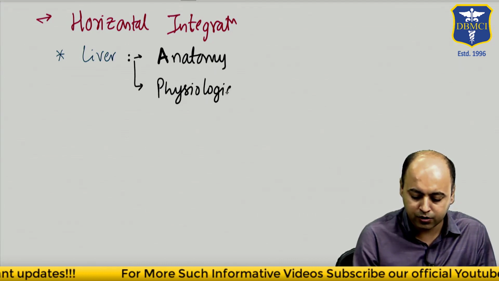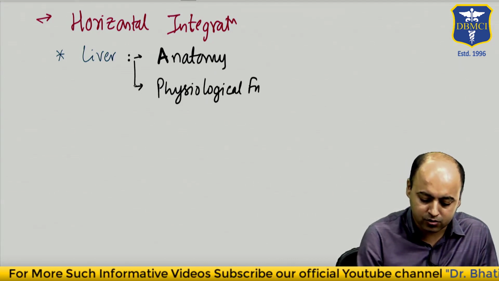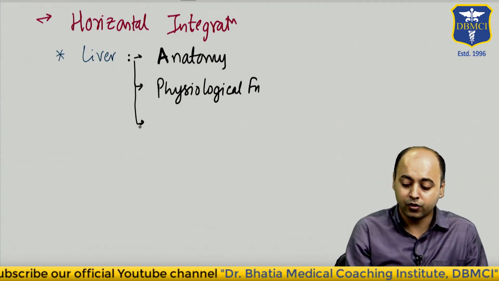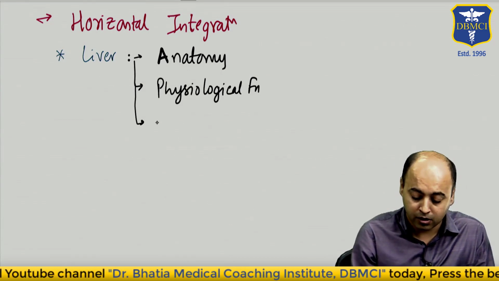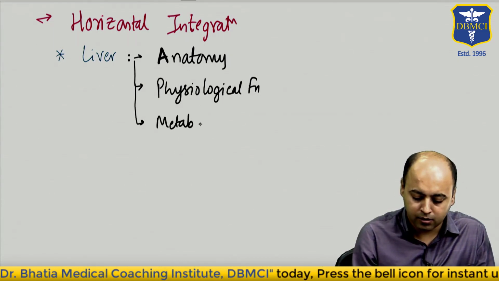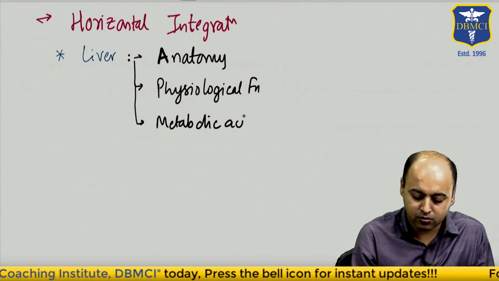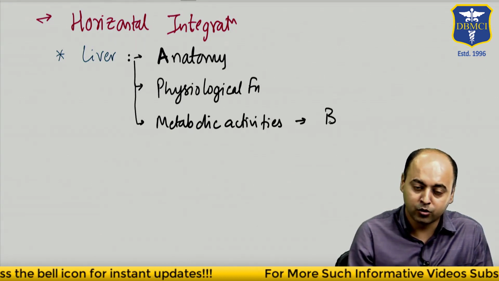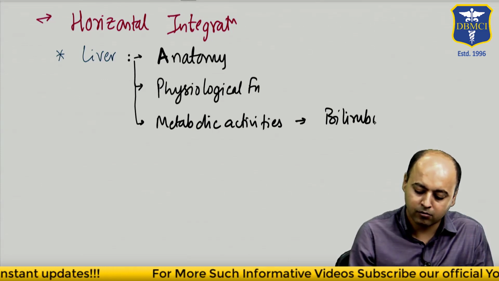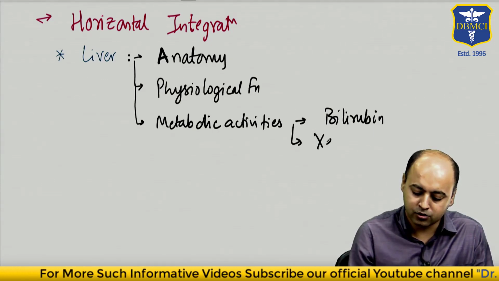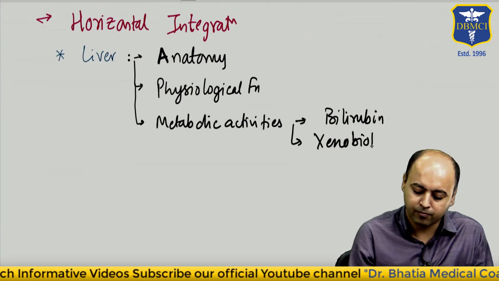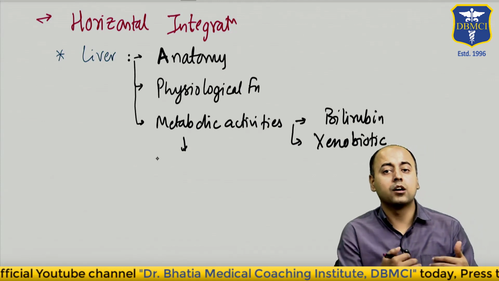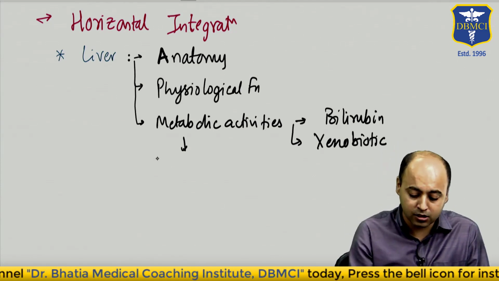Simultaneously, either in the same lecture or in the series of lectures, we also talk about the metabolic activities, for example bilirubin metabolism, for example xenobiotic metabolism. At the same time, we talk about the various biochemical tests which are used to assess the liver function.